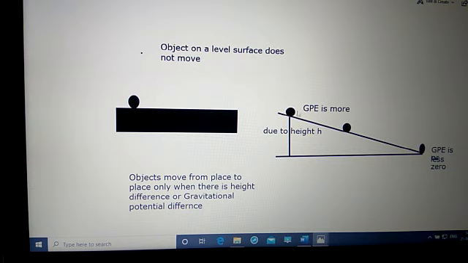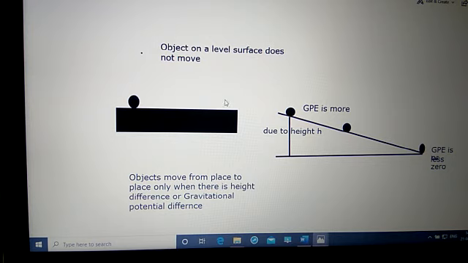Last year we studied that gravitational potential is directly proportional to height. When height increases, gravitational potential increases. Here height is 0 or less, so gravitational potential is less. So an object always moves from high gravitational potential to low gravitational potential. If the gravitational potential is the same, the object doesn't move.